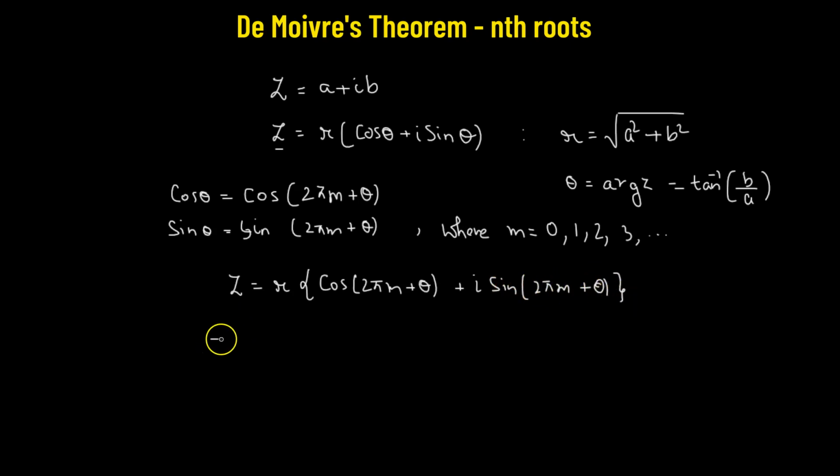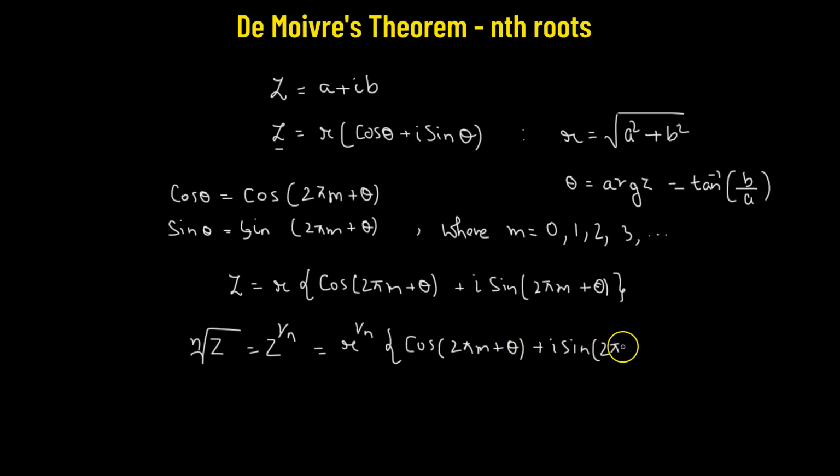Now if we take the nth root of the complex number, so the nth root will be z raised to the power of 1 over n, then we can represent our polar form as r raised to the power of 1 over n, then cosine of 2 pi m plus theta plus iota times sine of 2 pi m plus theta, whole raised to the power of 1 over n.